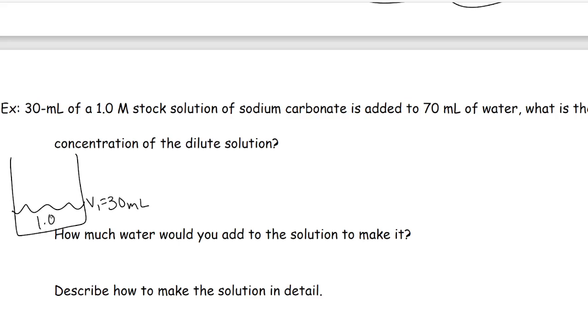My solution is 1.0 molar, so if I'm diluting it, common sense and basic logic will tell us, based on the steps that we take to dilute something, and knowing that my volume is going to increase, will the concentration of my more dilute solution be higher, lower, or equal to 1 molar?